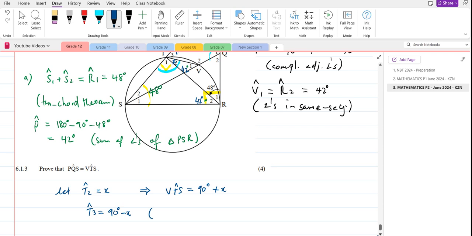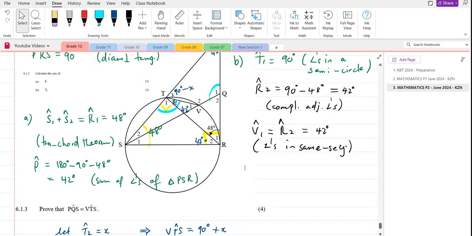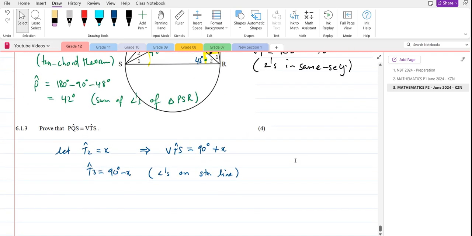Why? Sum of angles on a straight line. Angle V2 is 180 minus 42, angles on straight line.